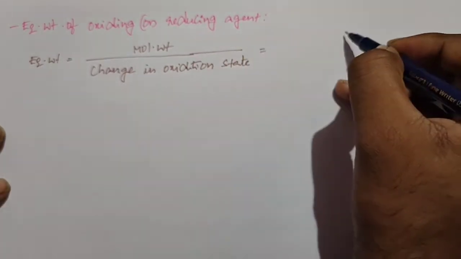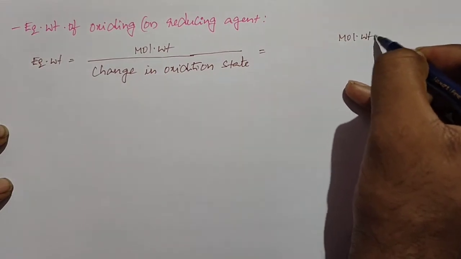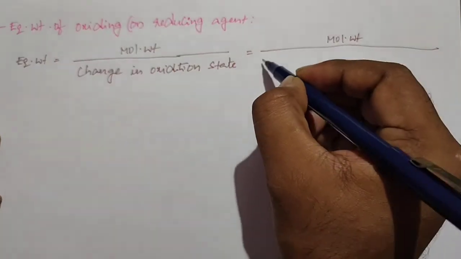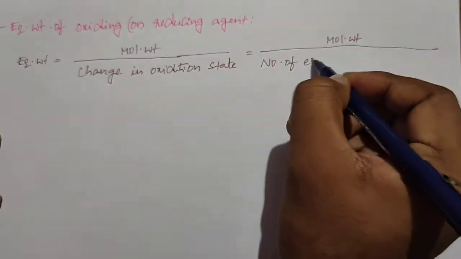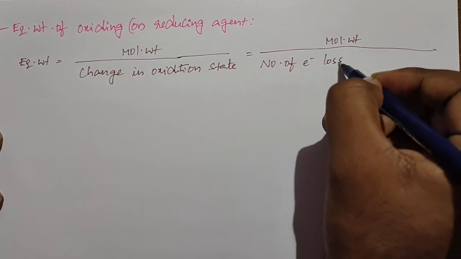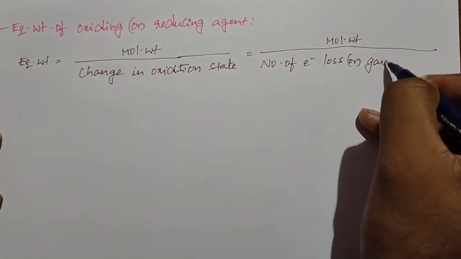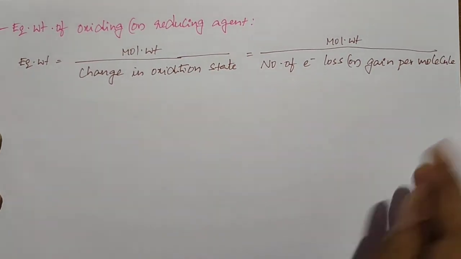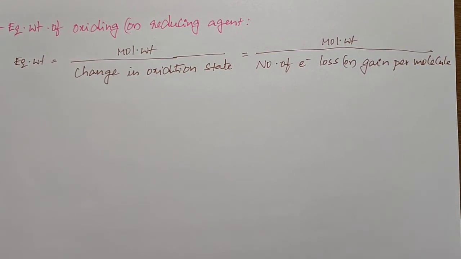One more formula: molecular weight divided by the total number of electrons lost or gained per molecule. So this is the formula for the equivalent weight of an oxidizing or reducing agent. We can express the same formula in different ways: one is based on the change in oxidation state per molecule, or the number of electrons lost or gained per molecule. Here I give a few examples.